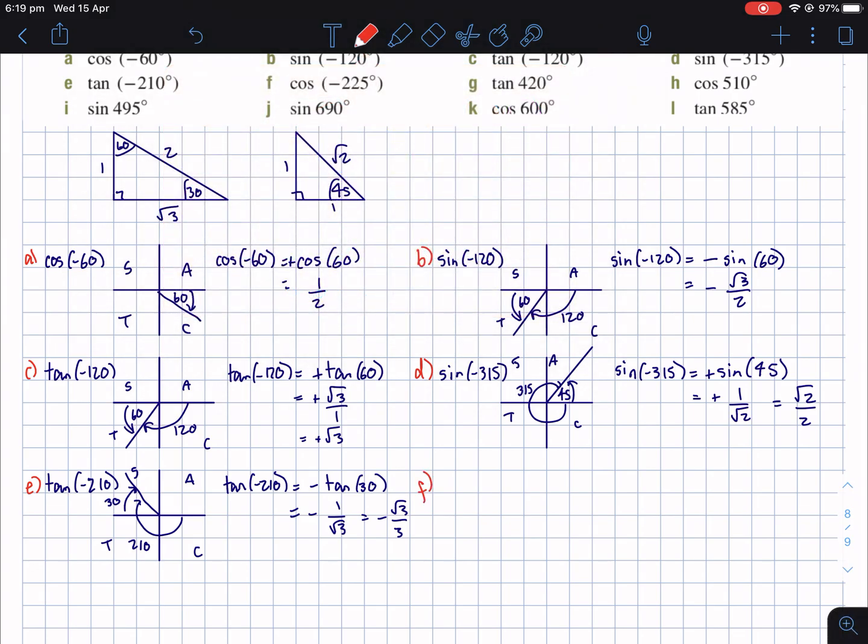And F, cos negative 225. Let's draw it. Negative 225. We've gone around more than 180. We've ended up here. So that's negative 225, which means this one would be 45.